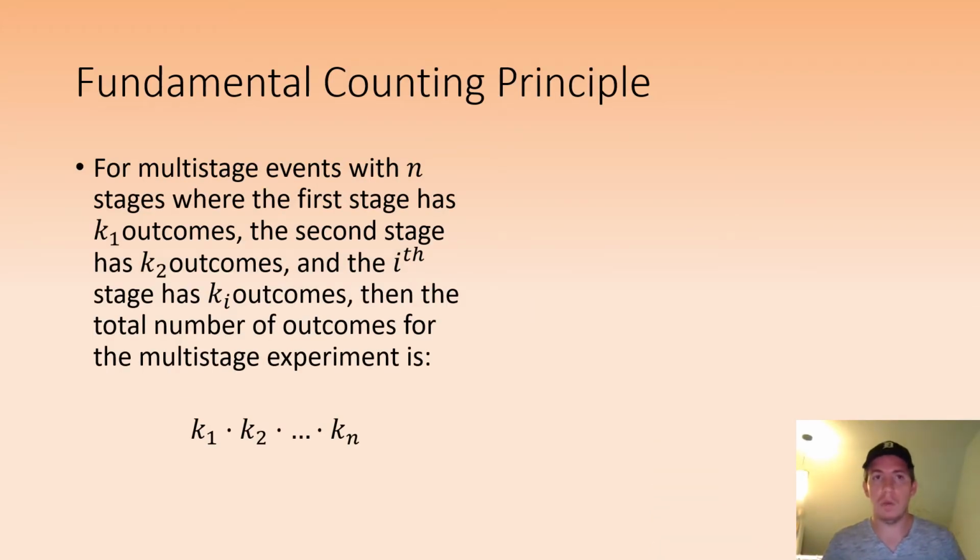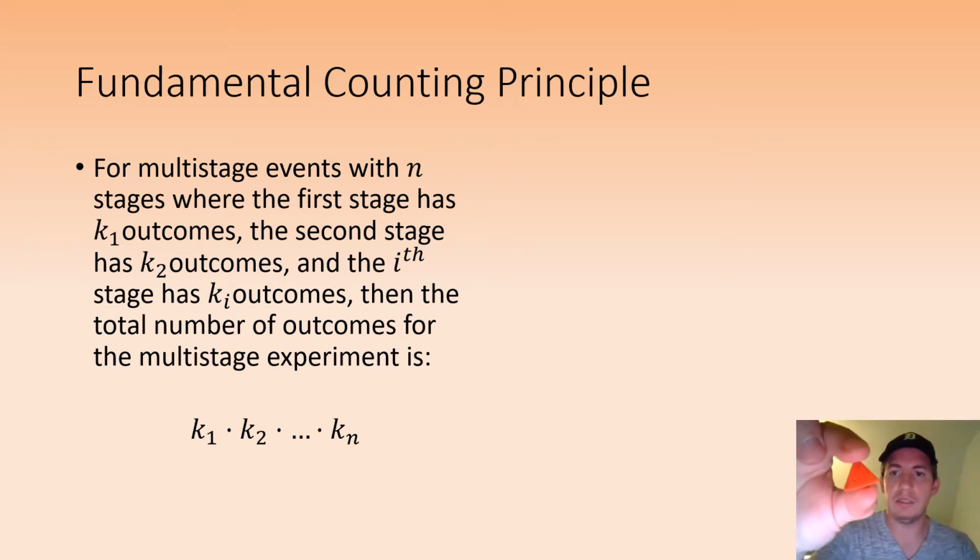The first counting rule I want to talk about is called the fundamental counting principle, and that's if you have a multi-stage experiment where each stage is basically its own experiment. So for instance, say I'm rolling dice. I've got some different dice here. I've got a four-sided die. A four-sided die is just a tetrahedron. If you notice in the corners, it's got numbers. On the top corner, I've got a 1.